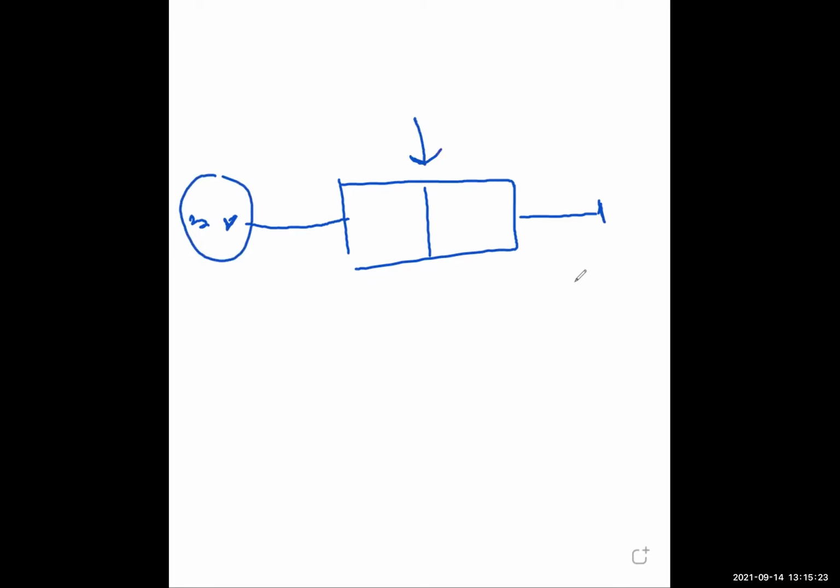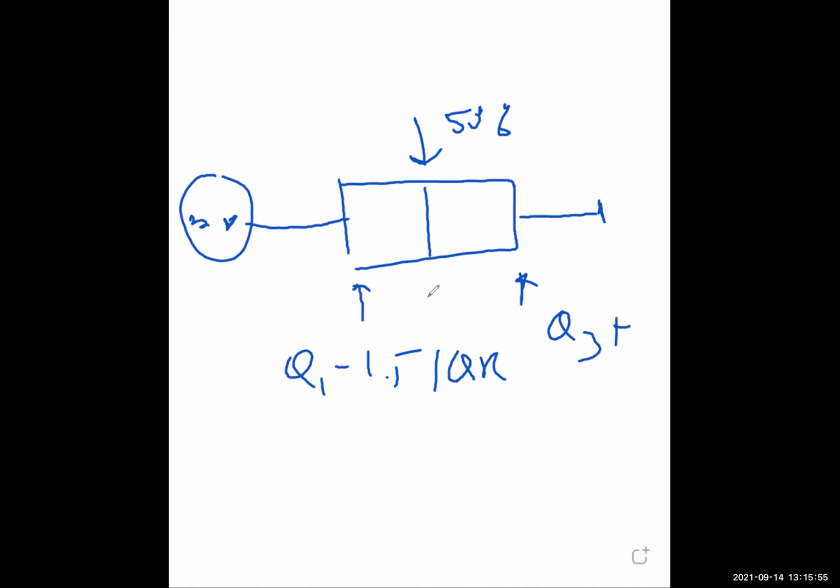This one is your median, 50 percentile. This one has a certain formula, depending on the interquartile range and Q1. Usually Q1 minus 1.5 IQR, and here is Q3 plus 1.5 IQR.